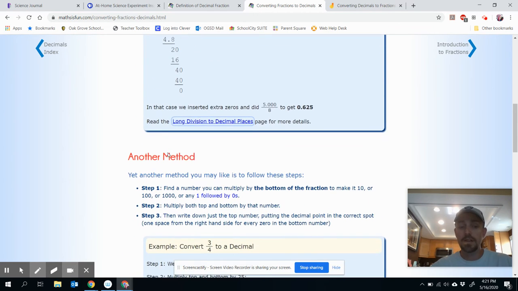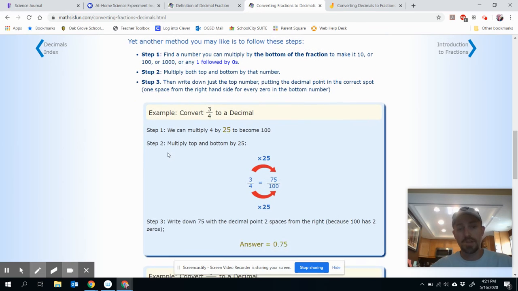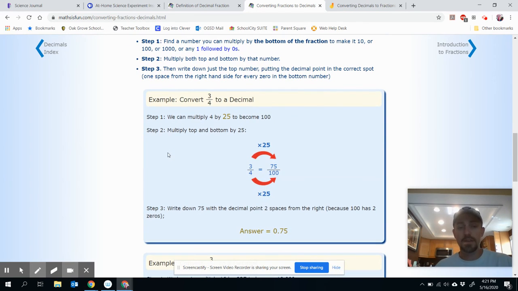Now, take a look at another method that works some of the time. If you can convert a fraction that you have easily into a base 10 number, so if you can convert it into 10 or 100 or 1,000, you can oftentimes use equivalent fractions to do it. So 3 over 4 times 25 over 25.